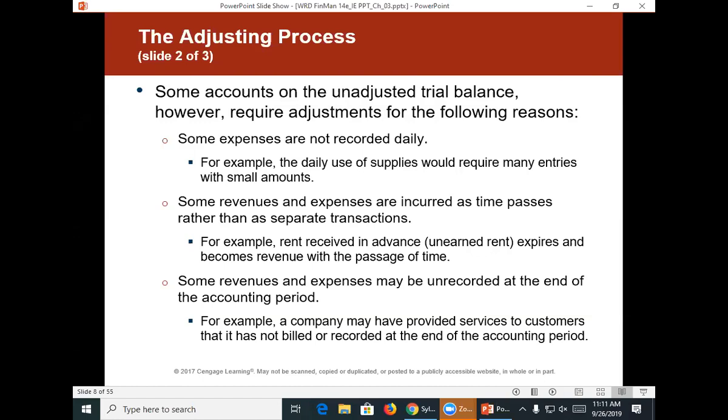That's sometimes just called when we have revenues or expenses that are incurred as time passes. We also have unearned rent or any unearned revenue. We know unearned revenue was a liability, right? We dealt with that in chapter 2, where maybe we sold tickets in advance.